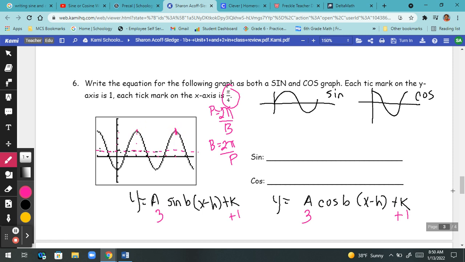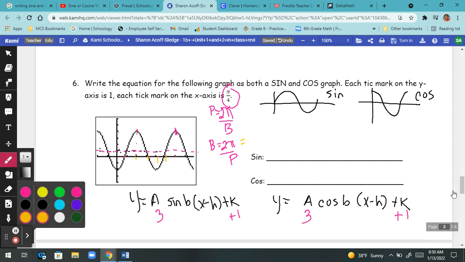From here to here. Or let's say this was a sine curve that started right here. You can go from here to where it is about to start. So 1, 2, 3, 4. That would also give you that period.